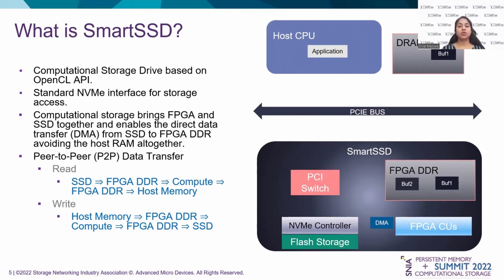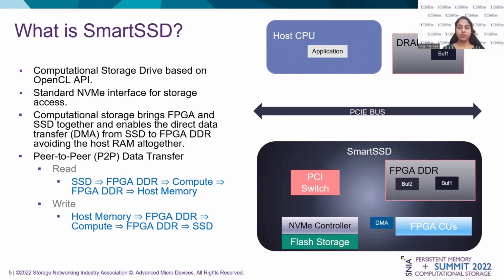We see that the technology keeps changing. For example, today we have LZ4 GZIP compressions, and tomorrow there might be a new compression algorithm. With FPGAs, you can always reconfigure and have a new hardware in no time. The storage is accessed using the standard NVMe interface, and the compute engines are accessed using OpenCL interface.